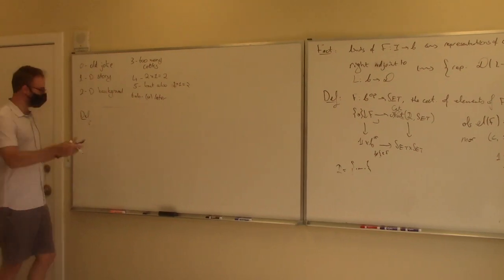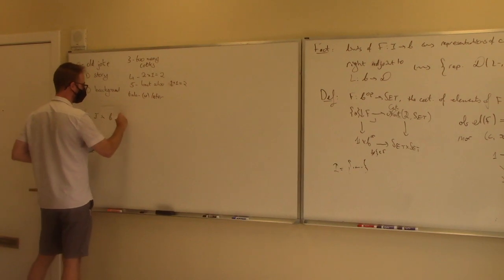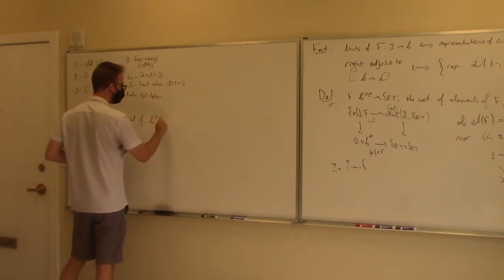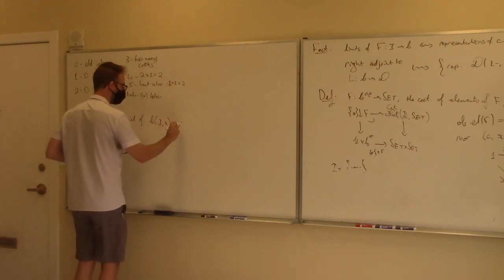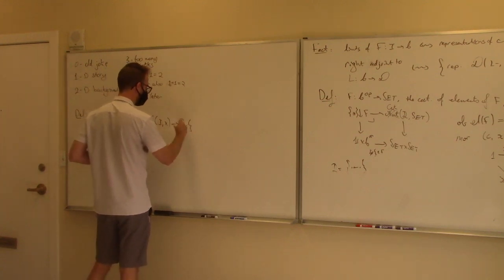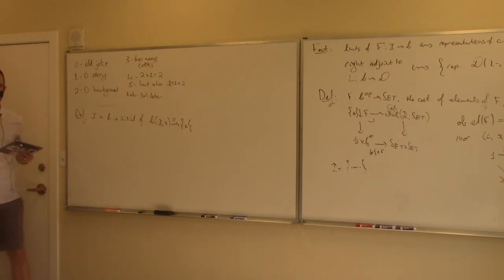So we might be used to saying something like I in C is initial if this thing is a bijection for all objects X. That's the usual definition.